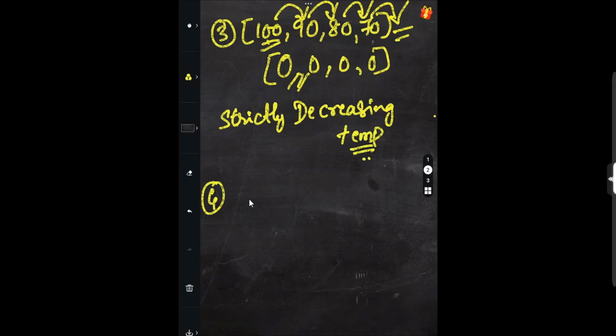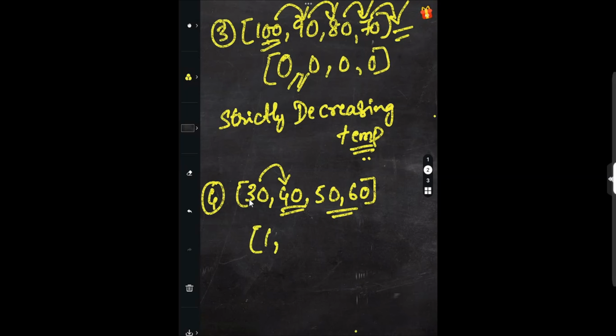Let's move on with the fourth edge case, nothing but the strictly increasing temperature. So the input I'll be considering here is 30, 40, 50 and 60. This is fine. So here each day has the next day as warmer. You can clearly see the number is greater here, 40 is greater, and we'll be displaying 1 for this. And 40 has the next warmer day, which is greater actually, 50.